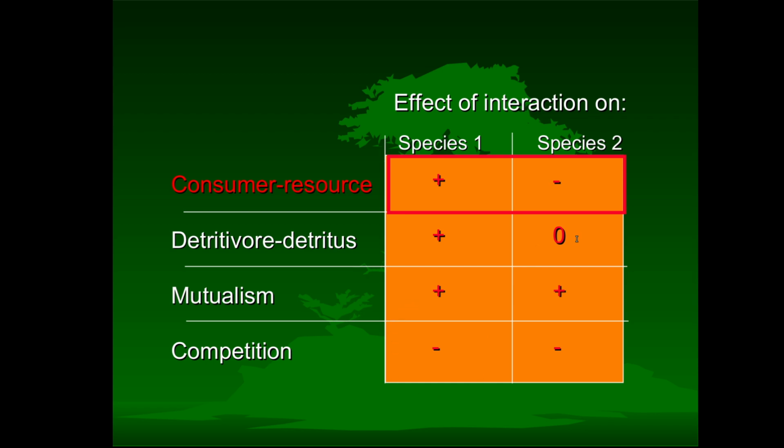And the consumer resource interaction is also closely related to the competition interaction, obviously, as for example, when two consumers are dependent on the same limiting resource and as a result experience exploitative competition.